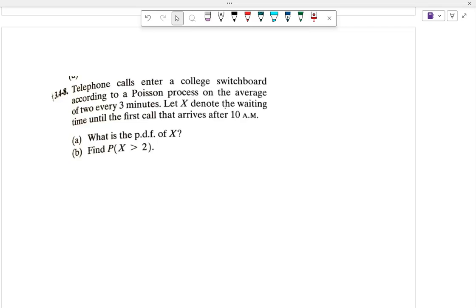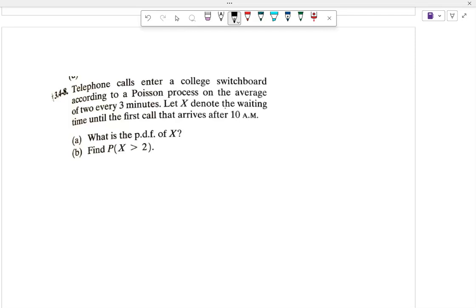So, pardon me. We are doing this, or sorry, it's asking for waiting time rather than number of occurrences. Well, certainly waiting time is infinitely divisible, right? We can divide up time into any small interval that we would like, right?